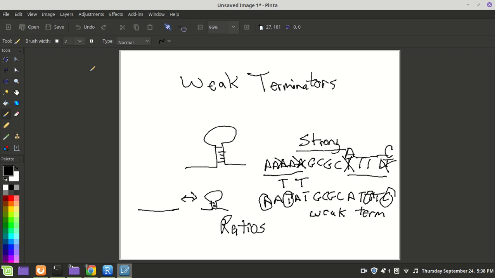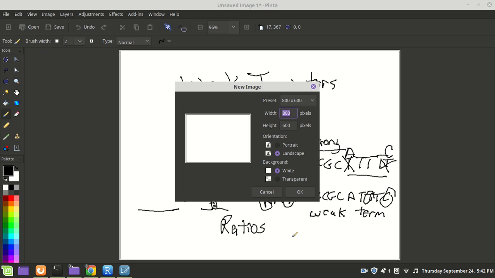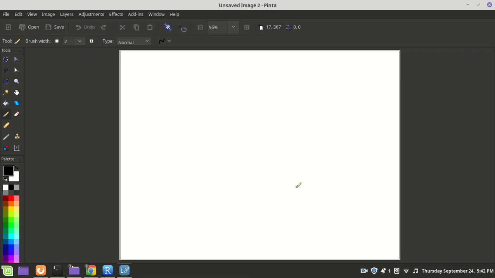So let me go ahead and start a new picture here. Let me get up here. And let's build at least part of our operon again. And over here, let's build our strong terminator at the end that we know about. We'll put our data box here.